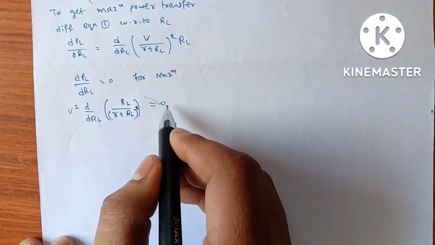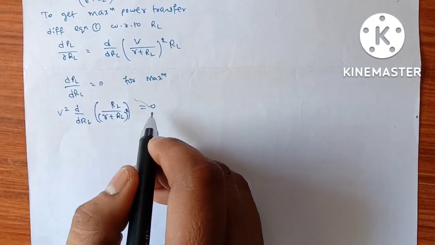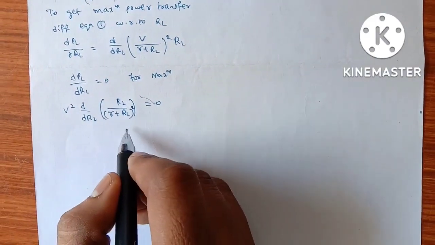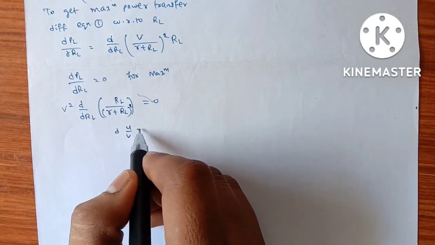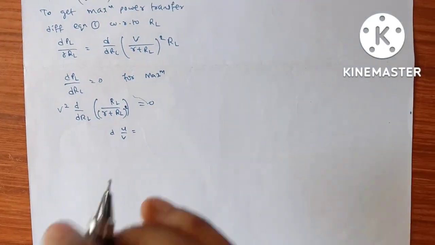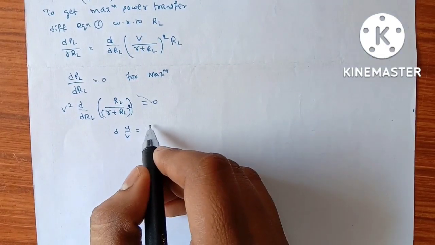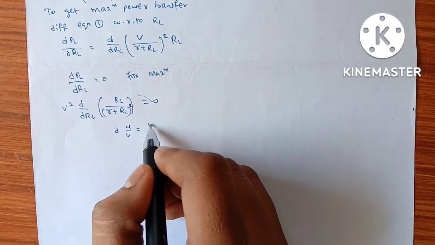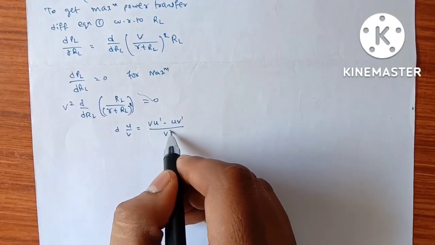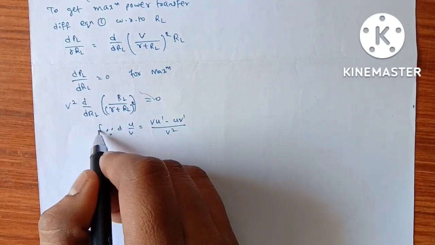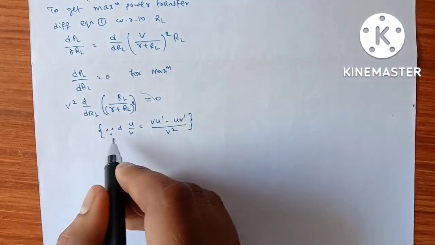So the equation looks like this. Now this is in the form of U by V. The derivative of U by V is formulated as (V U dash minus U V dash) by V square. Hence we are using this formula to solve this equation.